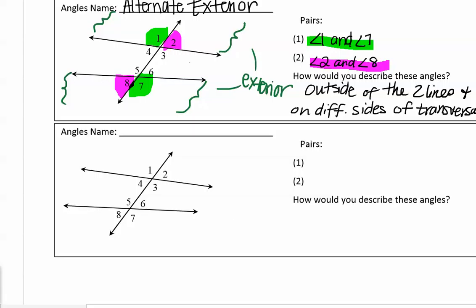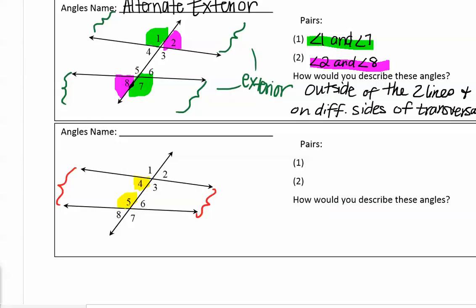Next, this is also going to be on the interior. Okay, so we're focusing on the interior here, so this section. And the difference though is we are going to stay on the same side of the transversal.